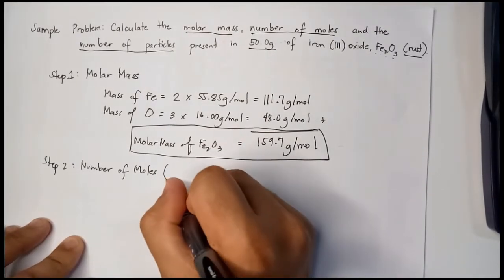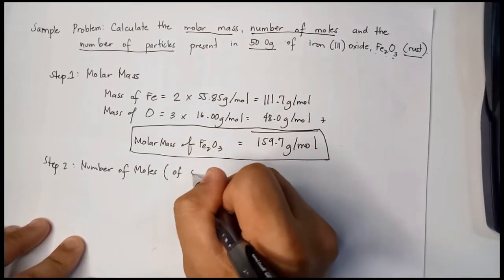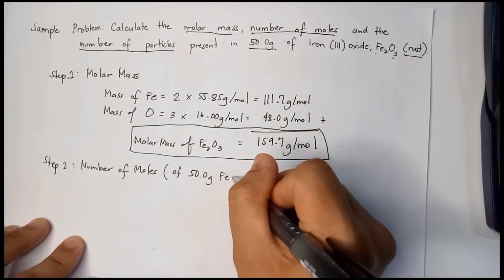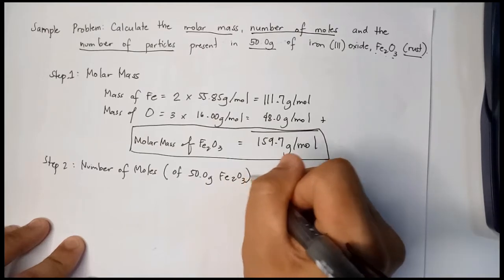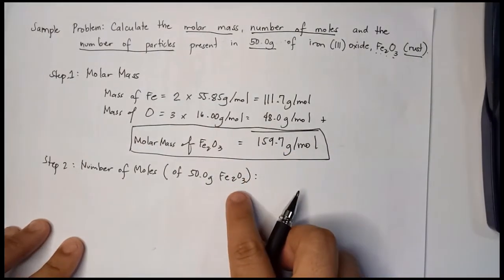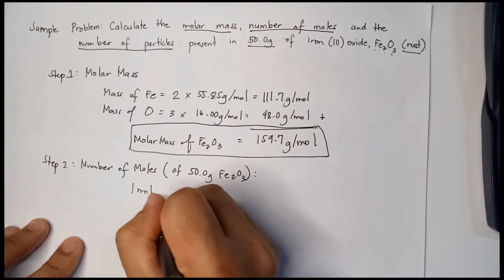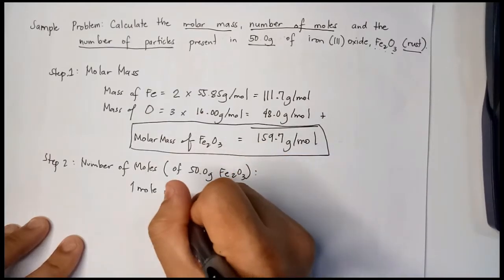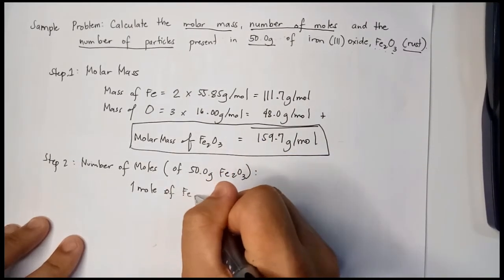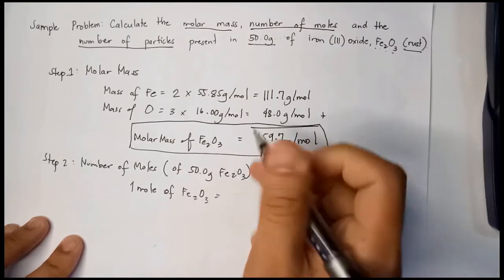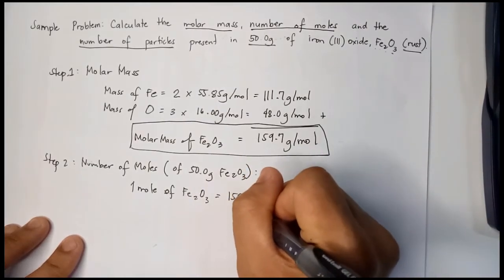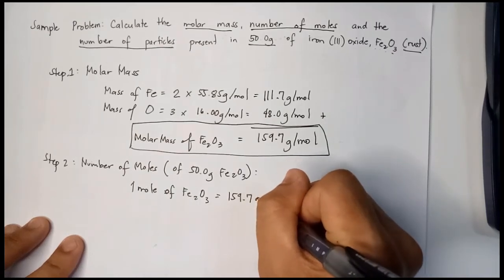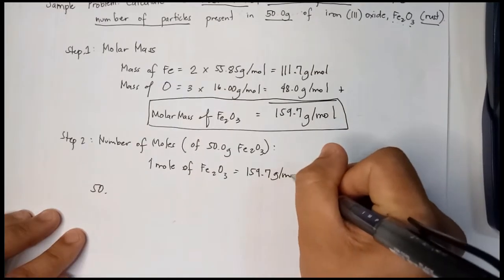Since meron tayong given na 50 grams of iron oxide, meaning yung 1 mole ng ating iron oxide ay equivalent ng 159.7 gram.